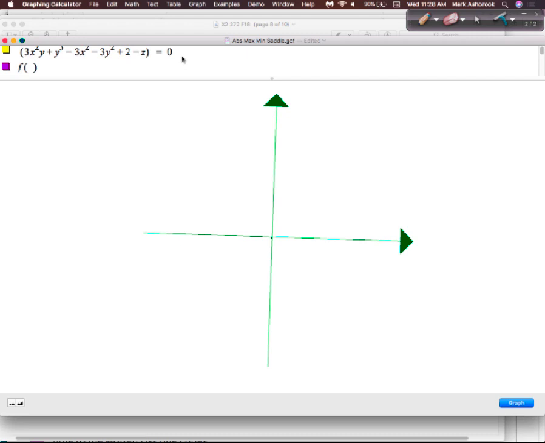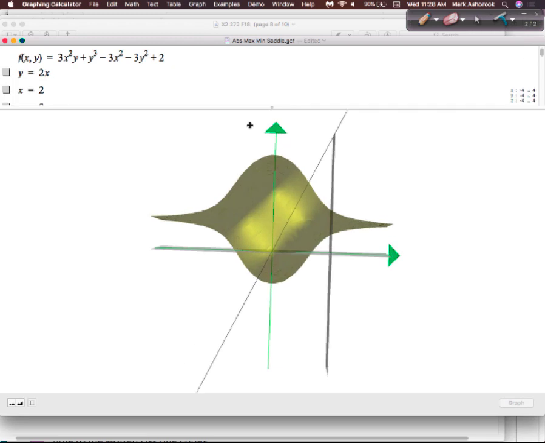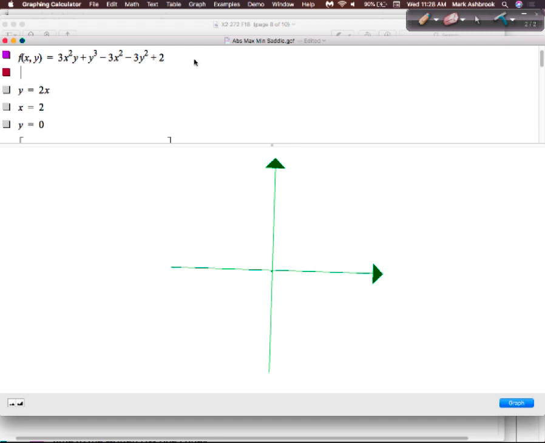All right, so f(x, y) equals all this. So what were my candidates here? So I want (0, 0), (5/7, 10/7).